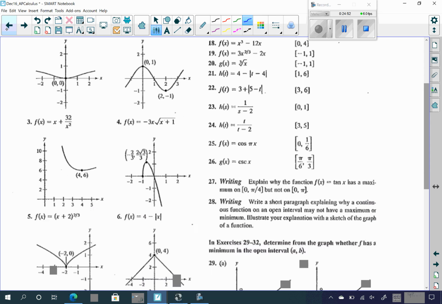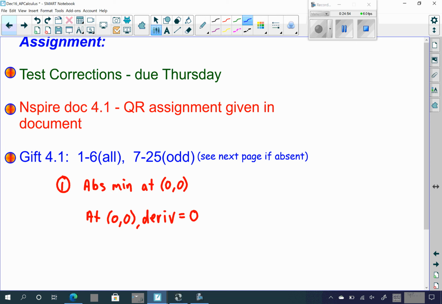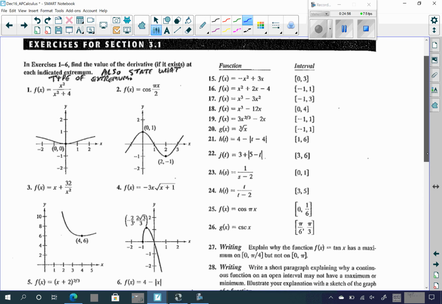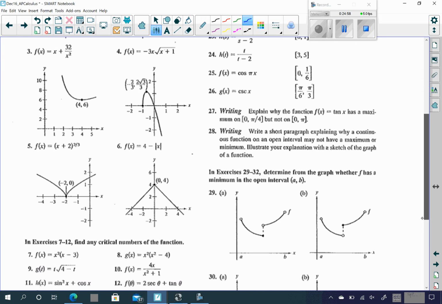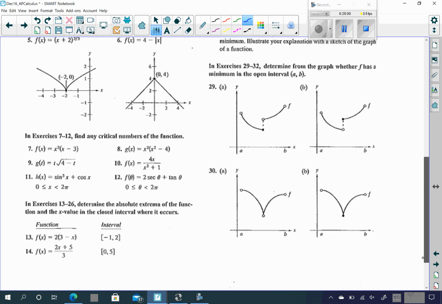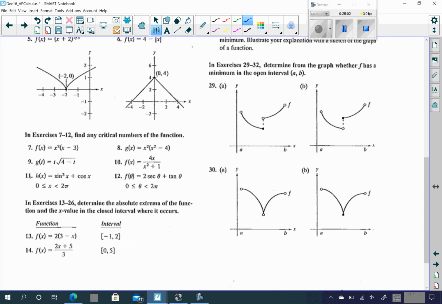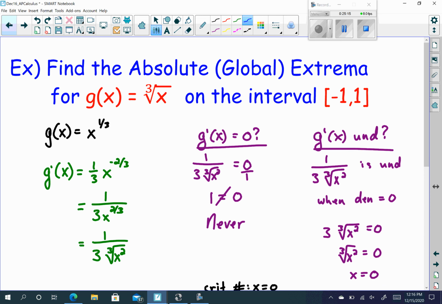Then when you look at 7 through 25 odd, this is like the last example we did, or the last two. For 7, 9, and 11, you're only finding the critical numbers. And for 13 to 25, determine the absolute extrema of the function and the x value in the closed interval where it occurs. This is where you want to state your answers as a sentence.